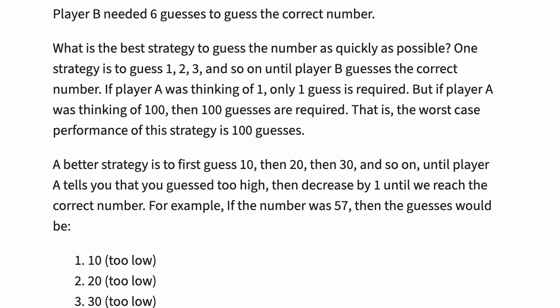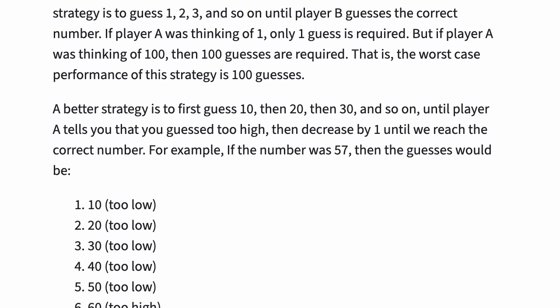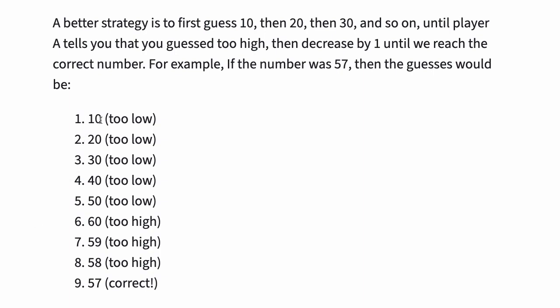A better strategy is to first guess 10, then 20, and 30, and so on, until player A tells you that you guessed too high. Then decrease by 1 until we reach the correct number. For example, if the number was 57, then the guesses would be 10, 20, 30, 40, 50, 60, at which point the guess was too high, and then 59, 58, and finally 57.